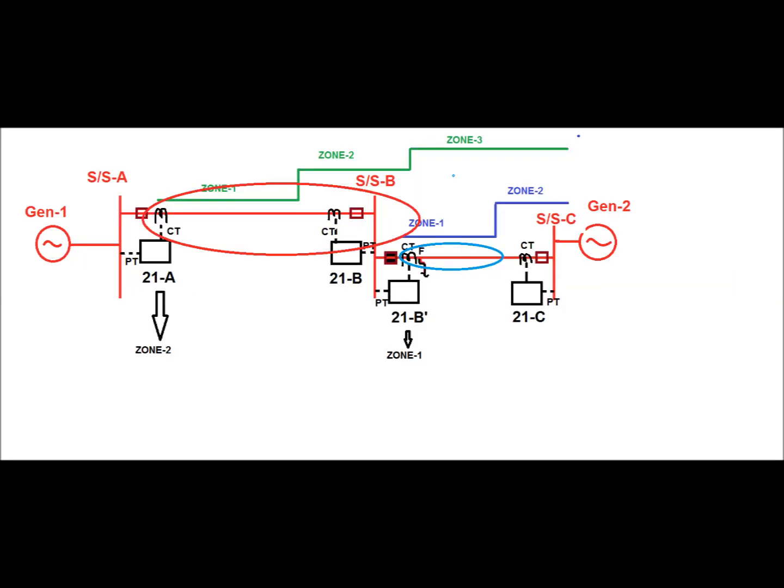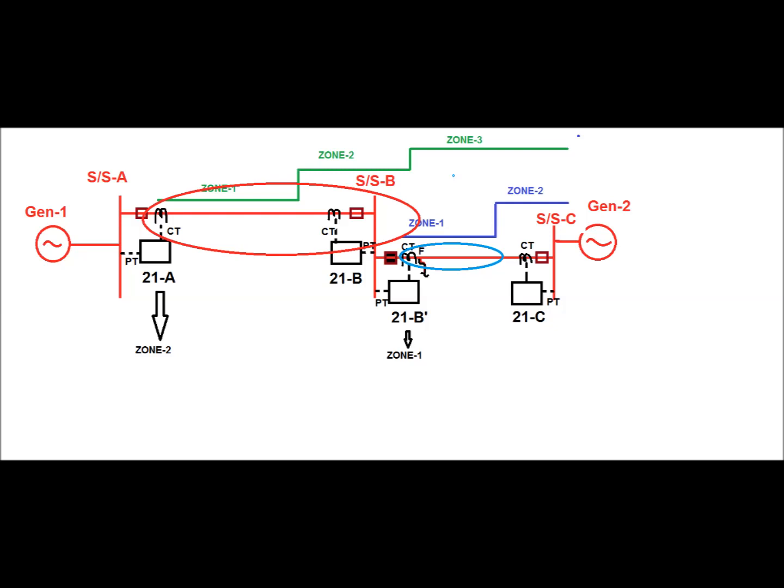Similarly, if a fault occurs very close to substation B end for line segment B and C at point F, the relay pickup for 21B dash should be zone 1, and for 21A should be zone 2 pickup. Now for 21C it should be zone 2.